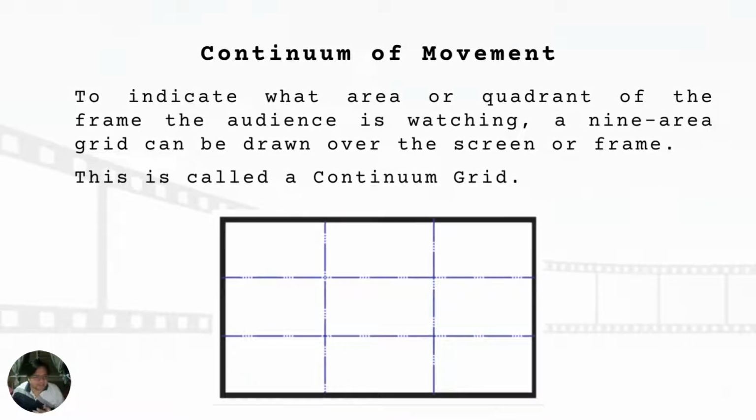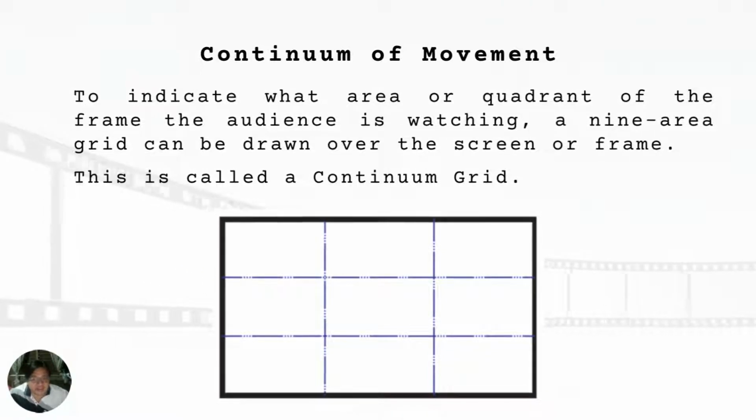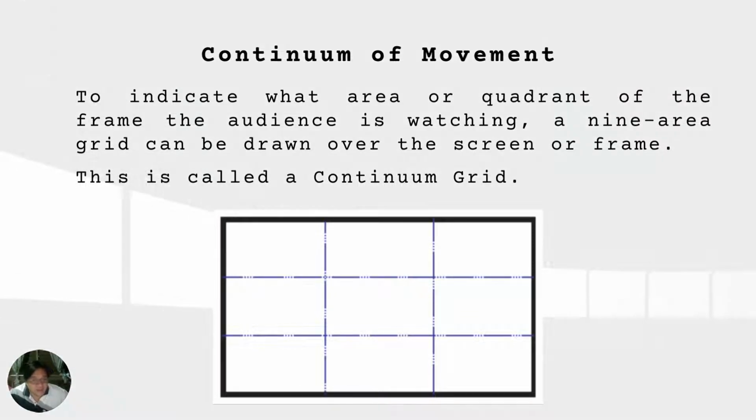Okay, now for our sake, for example, this is a screen in front of you. Okay, to indicate what the area or quadrant of the frame the audience is watching, we have 9 area grids, di ba, that can be drawn on the screen or frame. This is called the continuum grid. Okay? Parang rule of thirds din. But this time kasi, we're going to track movements.